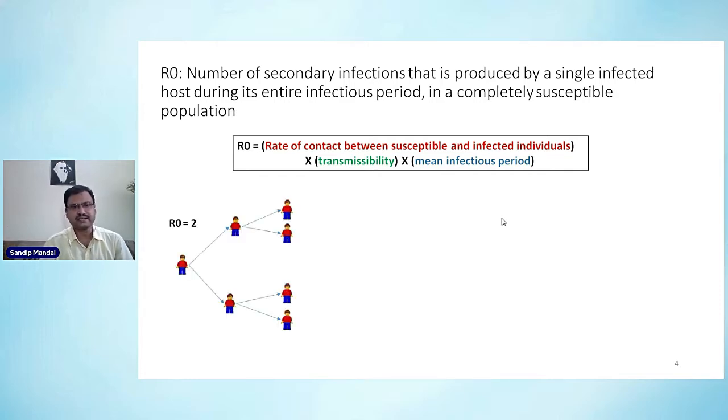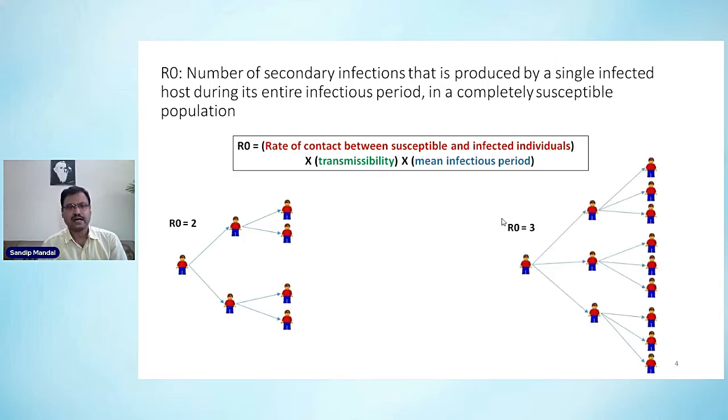It depends on the rate of contact between susceptible and infected individuals, as well as the transmissibility of the virus and the mean infectious period. For example, if R0 equals 2, that means within the next 2 generations, we can see 4 people will be infected.